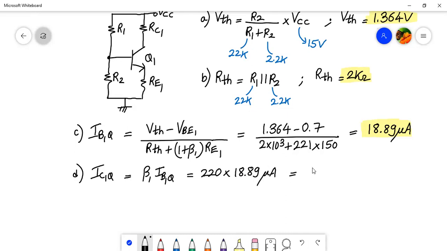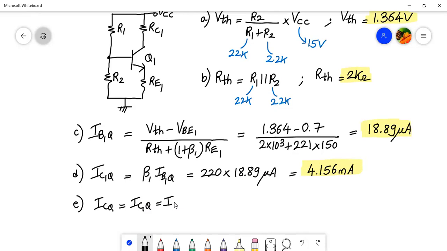And if you work it out, this value will be 4.156 milliamperes. So that's the value of IC1Q.